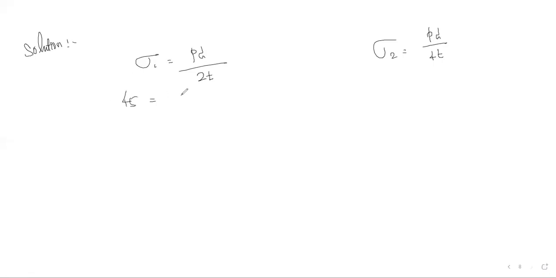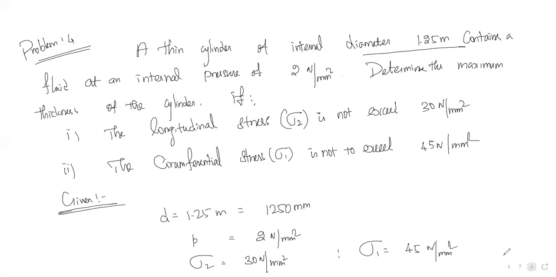So 45, pressure is 2 Newton per mm squared into D is 1250.